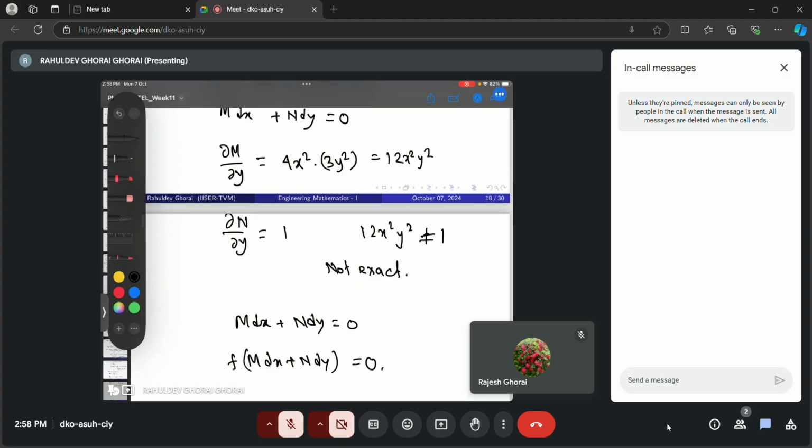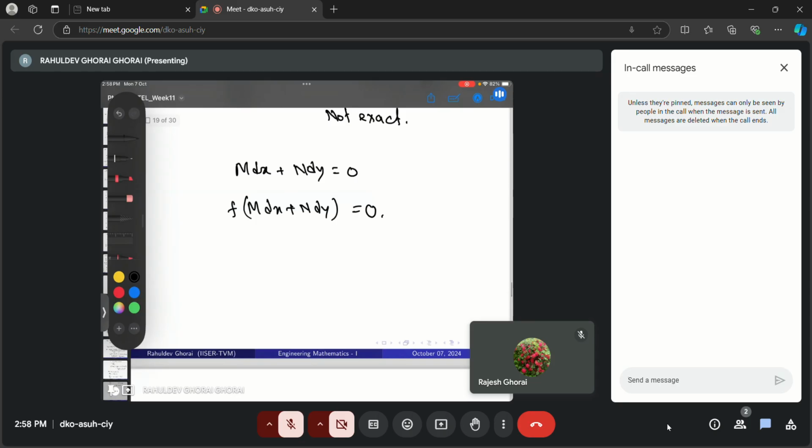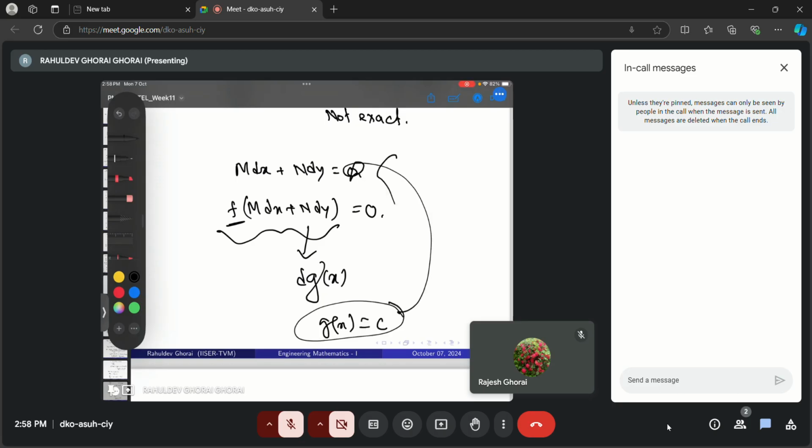If you can show that this differential equation is exact, then it will have a solution which you can write in compact form as d of g(x), and the solution will be g(x) equal to a constant, and that is also the solution for this equation.